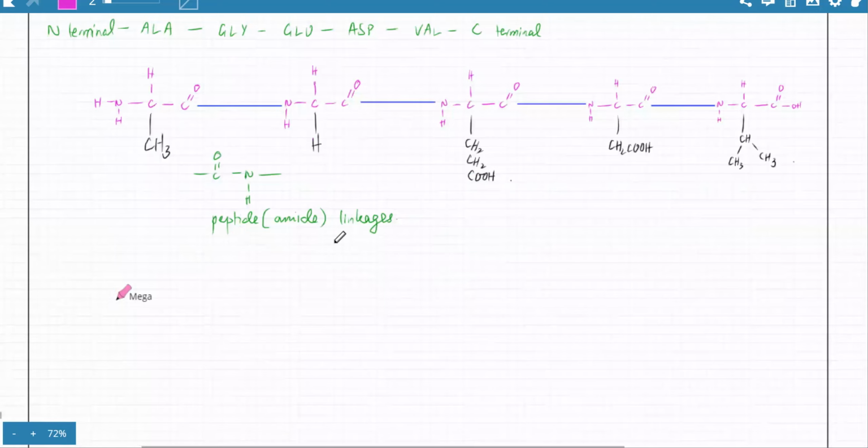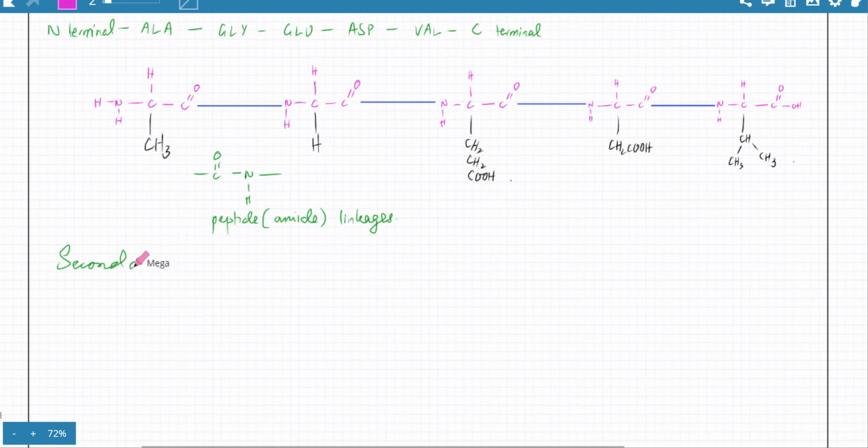What's your secondary structure? The secondary structure is like a strand, like a piece of thread that's coming out of a spool. The strand is not always straight. It gets entangled.